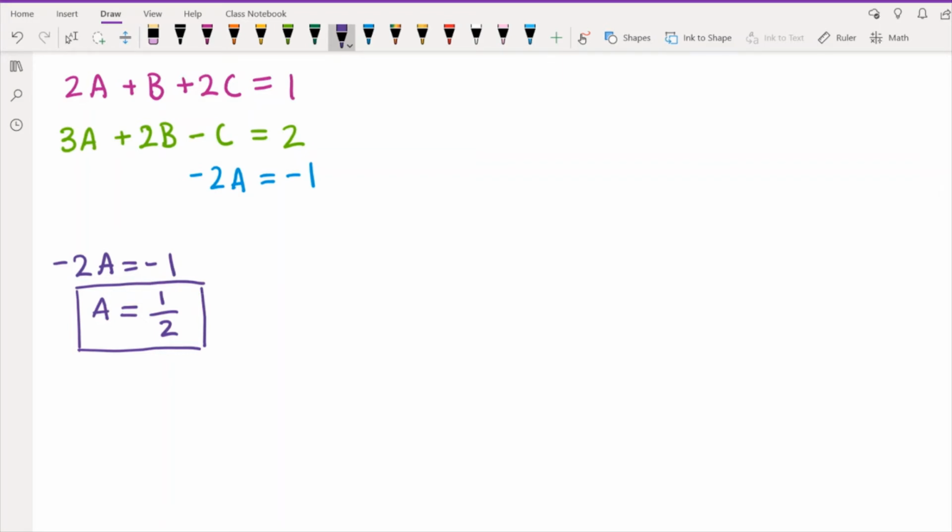All right, so now that we know that a is 1/2, we can go and put that value of a into both of the top 2 equations. So the first equation, if we put in that value of a, we're going to have 2 times 1/2 plus b plus 2c is equal to 1.